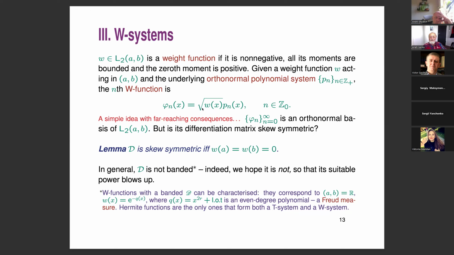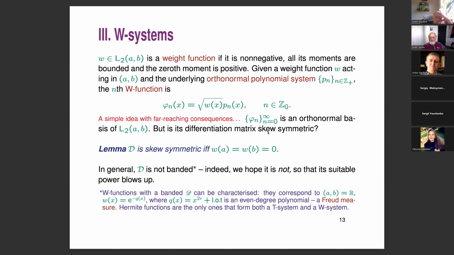And obviously, the polynomials are orthogonal with respect to the weight function W, so phi n already absorbs the weight function, and hence it is orthogonal in L2. And this is a completely trivial idea, but even though it is trivial, it has far-reaching consequences and leads to very non-trivial mathematics. So phi n is an orthogonal basis.